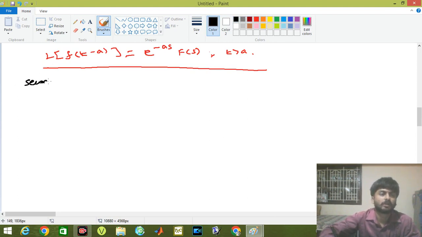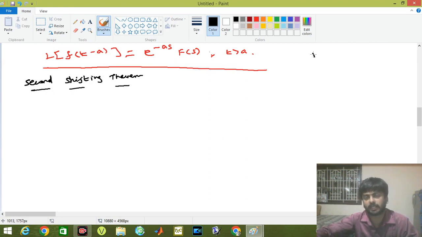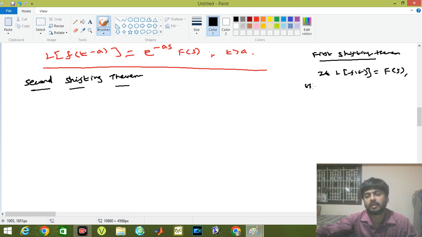Second shifting theorem. So in part A you may be asked, what is the first shifting theorem? I shall write it here. I have already explained it to you. First shifting theorem says if L of f of t equals f of s, then you will have two results.